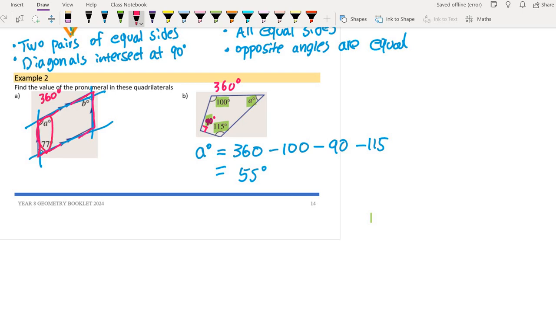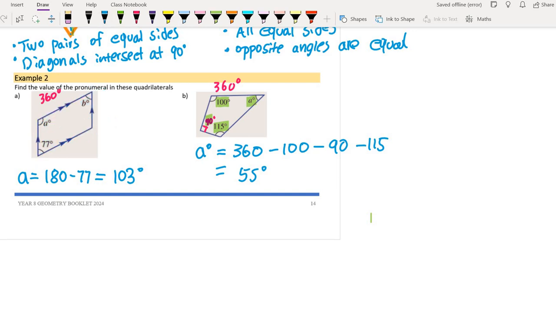These 2 are cointerior, so they have to add up to 180, same as these 2. If you look at it sideways, you can see these 2 are also cointerior. Starting with this pair of cointerior angles, A and 77, we know they have to add up to 180. So to find A, we take 180 minus 77, which is 103.